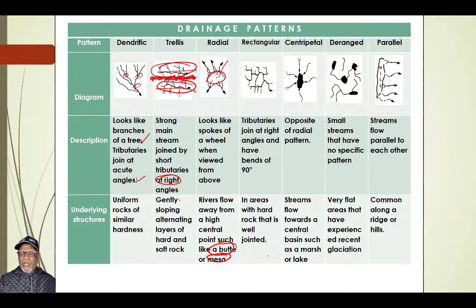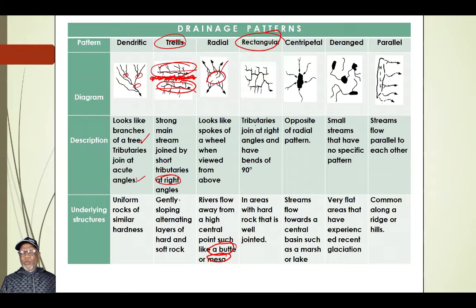And then we have rectangular pattern. As the name says, rectangular, the tributaries join at the right angle. With a rectangular pattern together with the trellis pattern, what is similar with them? The similarity between rectangular pattern and trellis pattern is that tributaries join the mainstream at the right angle. But now we're looking at the characteristics of the rectangular pattern.